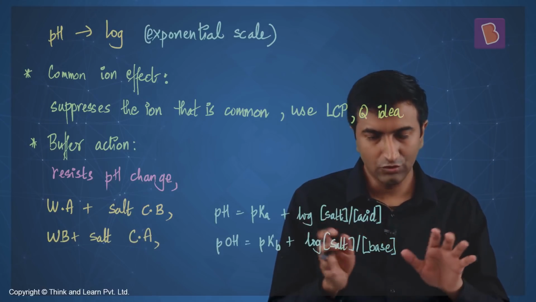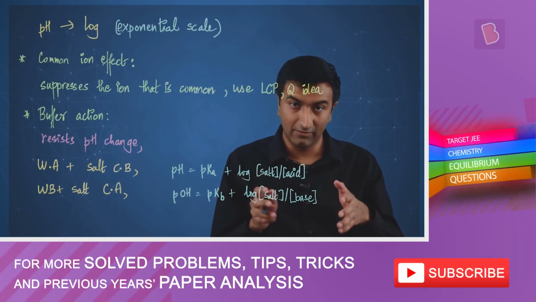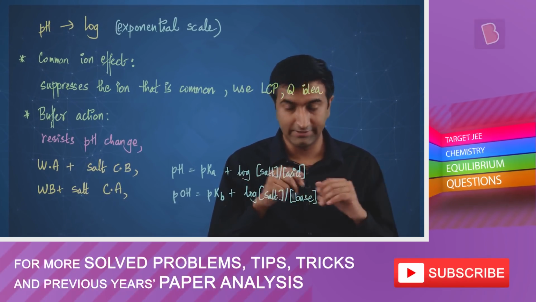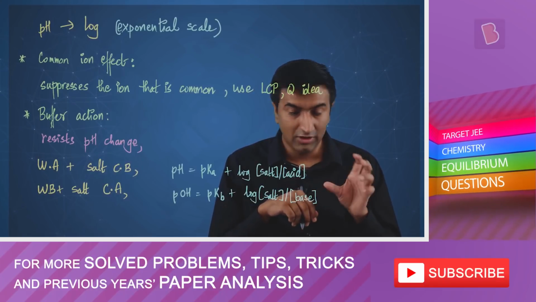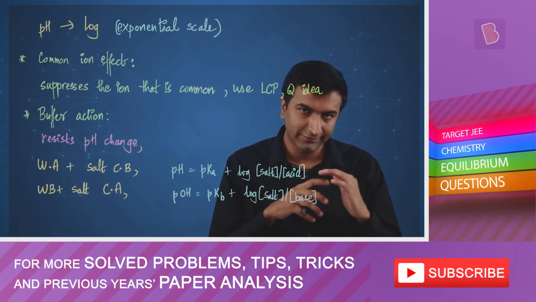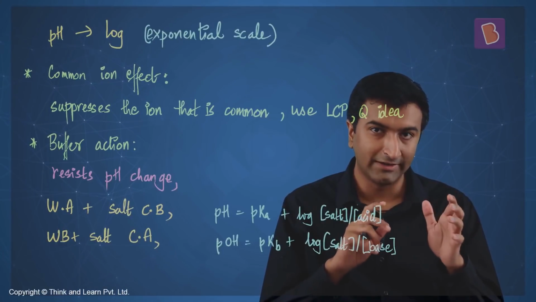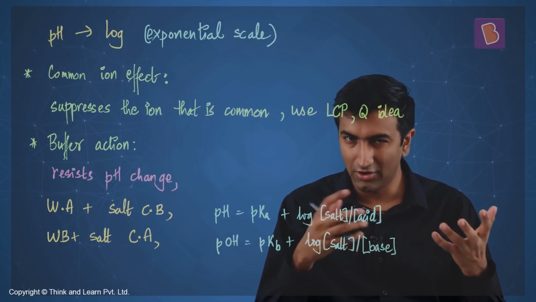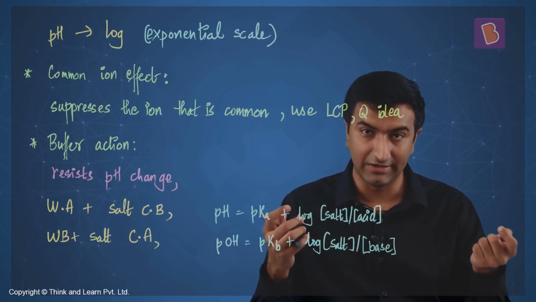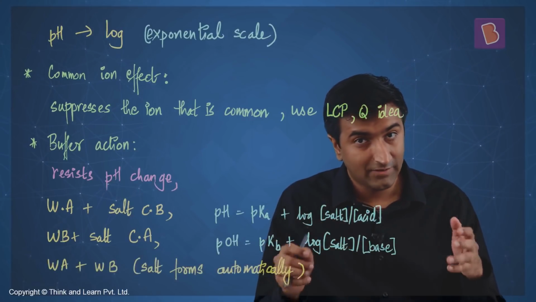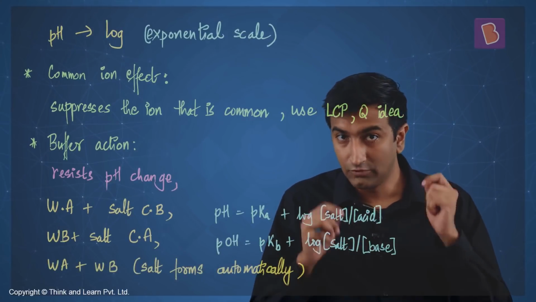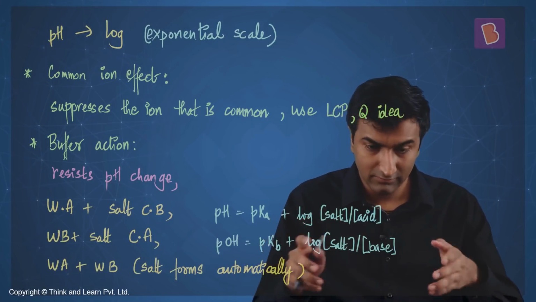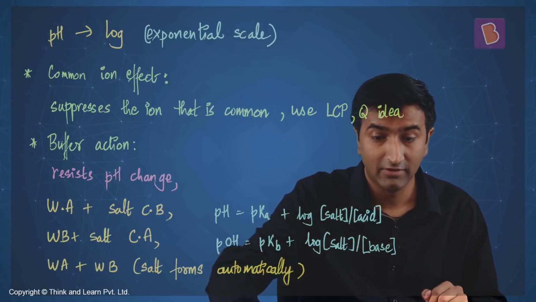Now, you can set up this equilibrium and you get this by taking log on all sides. You see that salt by acid ratio? This expression works if that ratio is not greater than 10 or less than 1 by 10. If it's beyond that, then the pH does change. All right, weak acid plus weak base always forms a buffer. Always and always. Figure it out because you get a salt and that hydrolyzes.